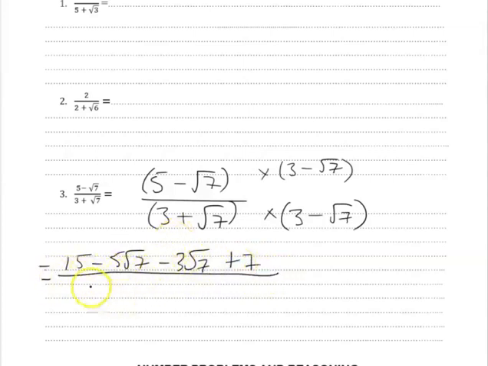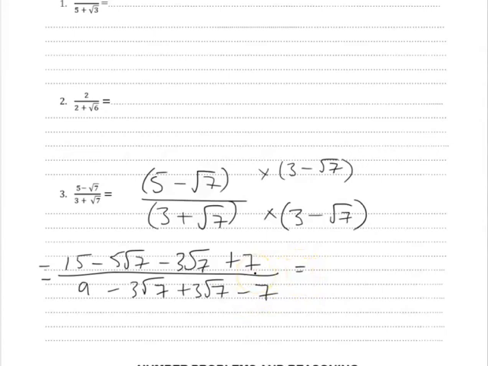Now 3 times 3 is 9. 3 times minus root 7 is minus 3 root 7. And then root 7 times 3 is going to give me plus 3 root 7. Root 7 times minus root 7 is minus 7.